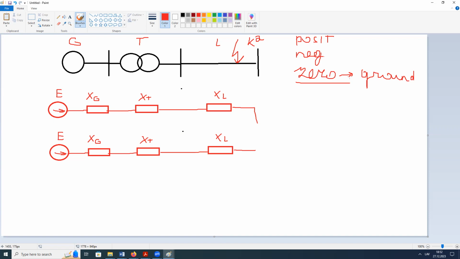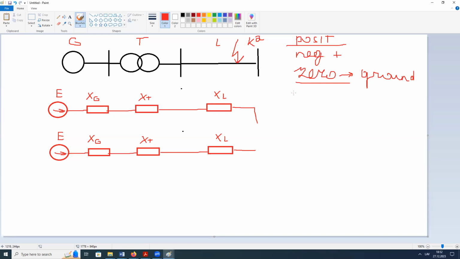If there is no ground connection, there is no zero sequence. Positive sequence is present if we have a symmetric three-phase fault. If we have an unsymmetric fault not connected to the ground, we have positive and negative sequence.